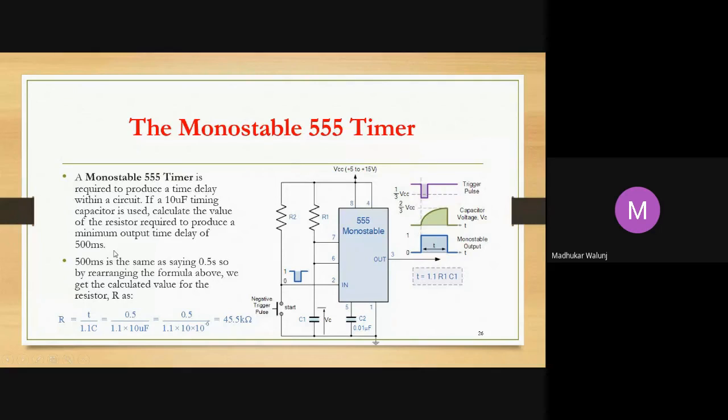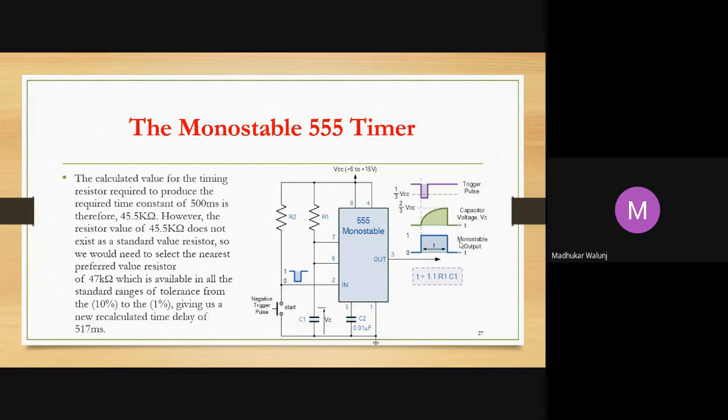If we need an output voltage that is a square waveform with a time delay of 500 milliseconds, which is 0.5 seconds, and we arrange the formula this way, R is calculated as T upon 1.1 into C, equal to 0.5 divided by 1.1 into 10 microfarad, which leads to a 45.5 kilo ohm resistor. If this resistor with the 10 microfarad capacitor is used, we can generate a 0.5 second monostable output.